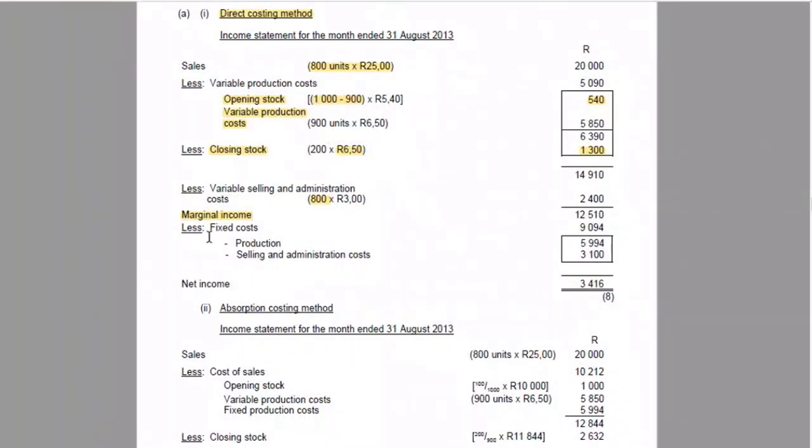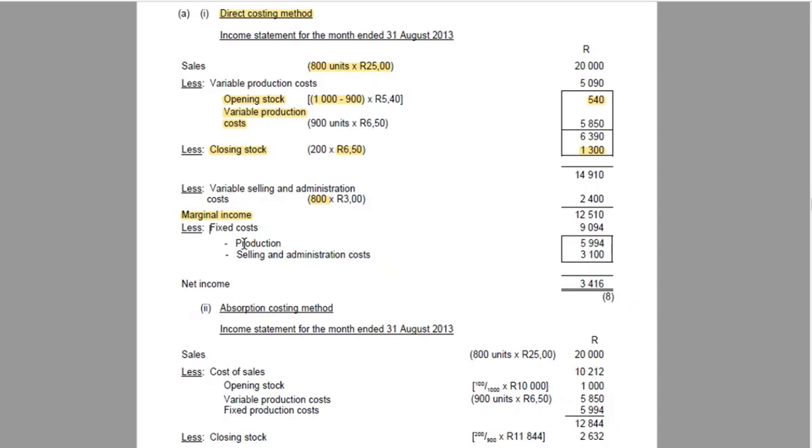Then thereafter, because it's under direct costing method, you have to consider that direct costing method says my fixed cost needs to be treated as an expense. So there you go, your fixed cost.